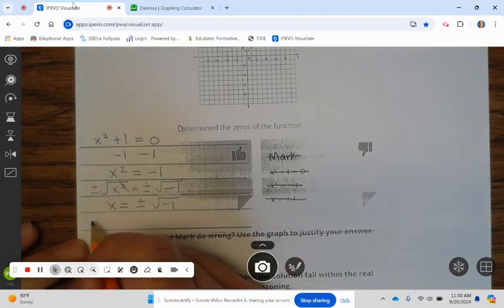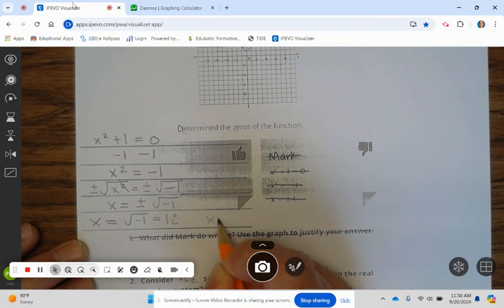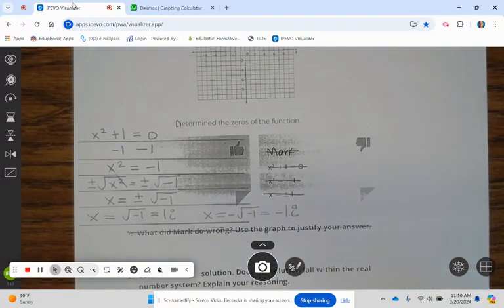Which can be rewritten as x equals the square root of -1, which equals 1i, or x equals negative square root of -1, which equals -1i. All right, go ahead and finish that up.